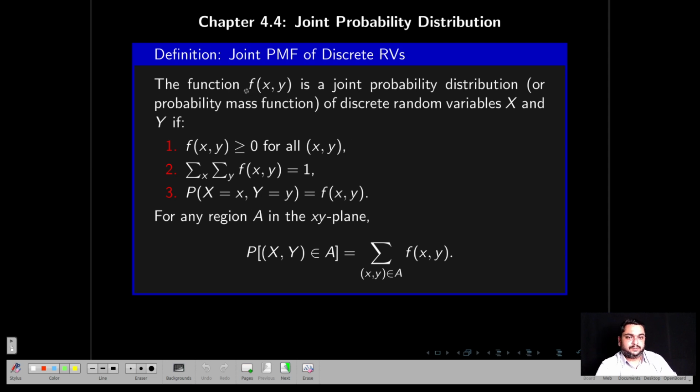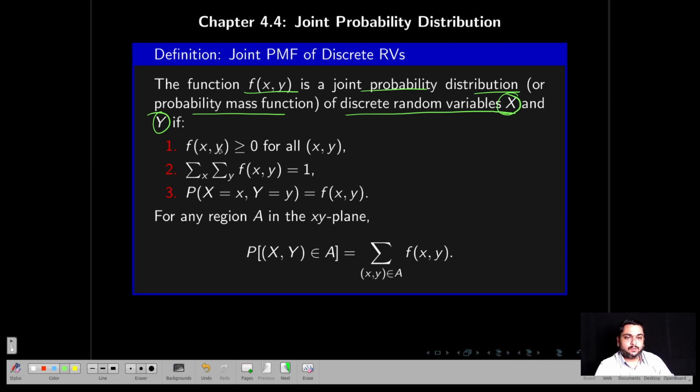The function f(x, y) is the joint probability distribution or probability mass function of discrete random variables x and y if the same three conditions, now extended for two variables, are satisfied. There are two random variables x and y, already given. Now, what is the first condition?